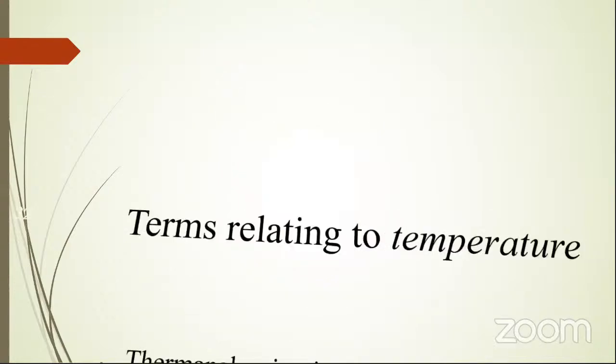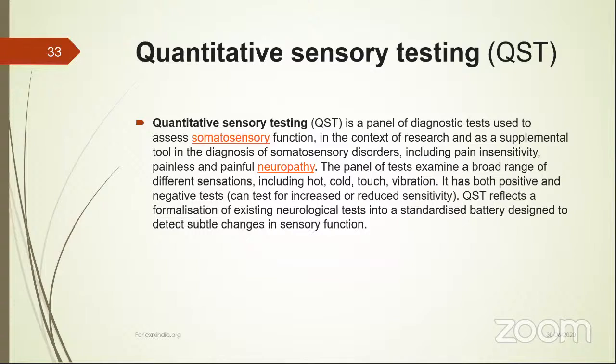Apart from this, there is also some quantitative sensory testing. I think you will know about vibration, which we test with a tuning fork. For 2-point discrimination, we have caliper-like equipment, and we have wheels with thorns.